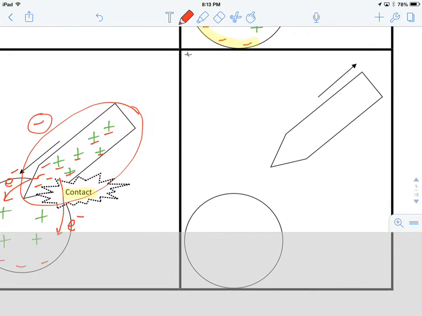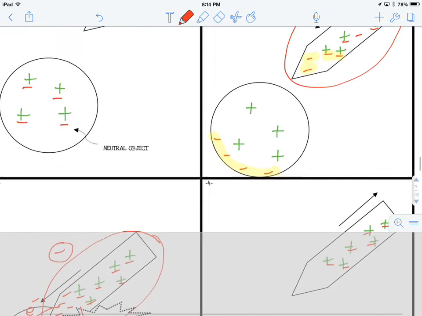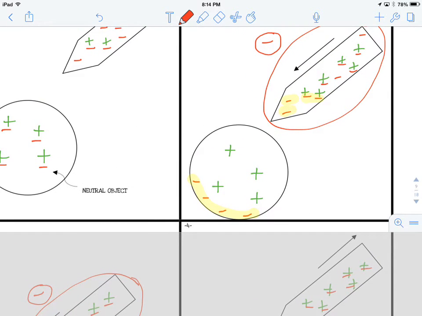And so what ends up happening then is after we separate the two, what we end up with is, well, these guys all had their negatives. These guys all had their negatives. But here, we had an extra 4 electrons.